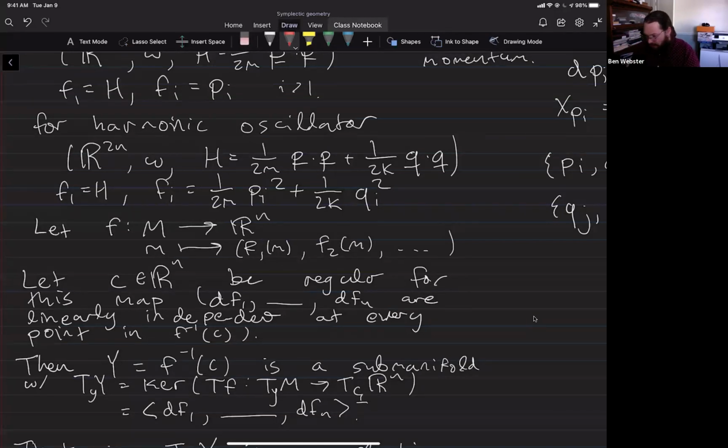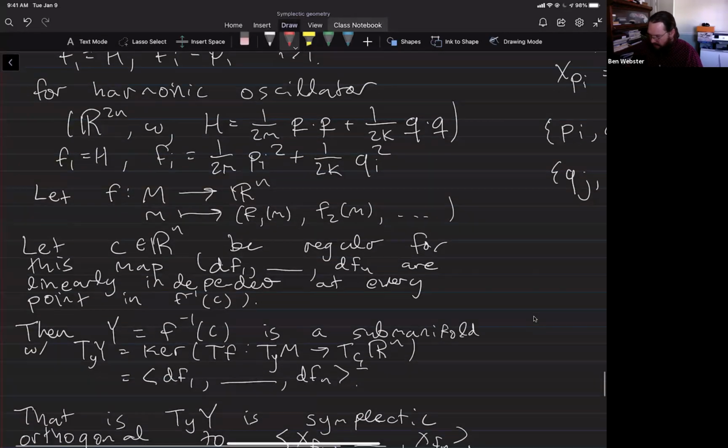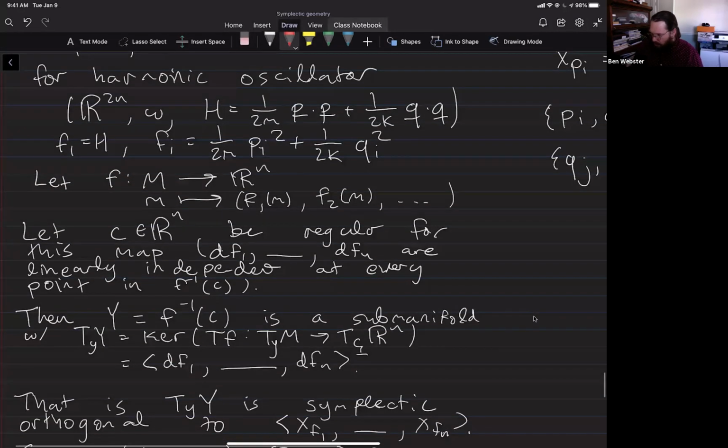That's pretty interesting on its own. But there's another important part: it's not just the Hamiltonian vector field of H which is tangent to this fiber. The Hamiltonian vector fields of all the F_i are.